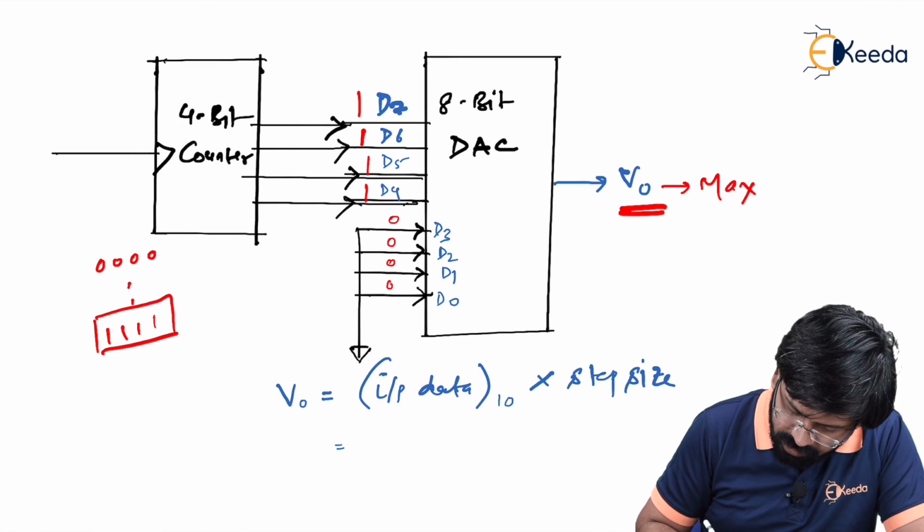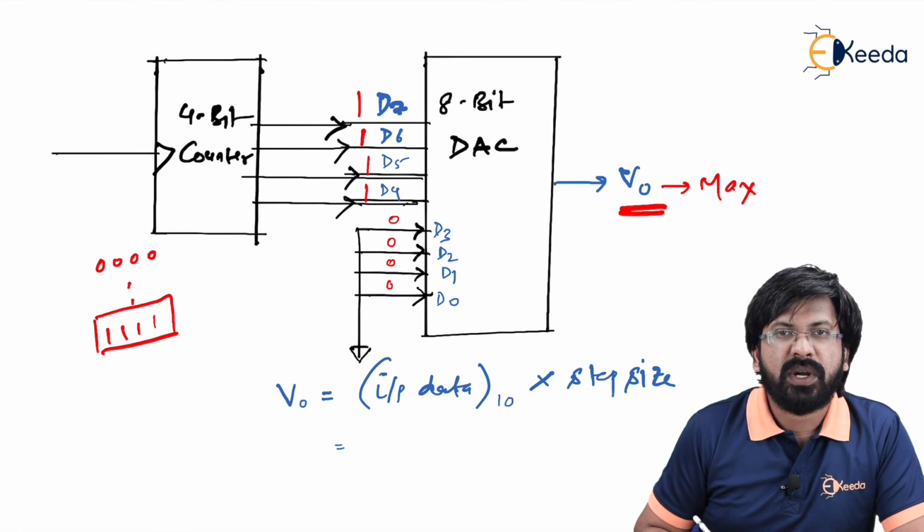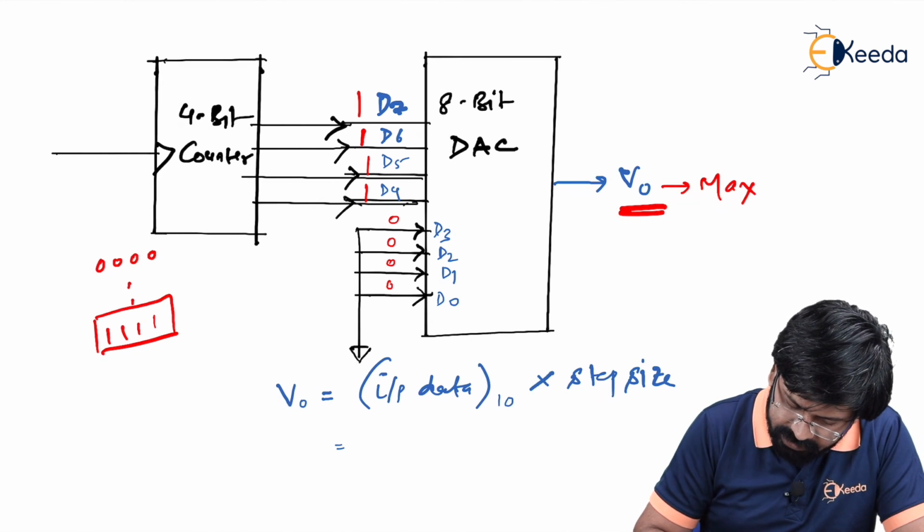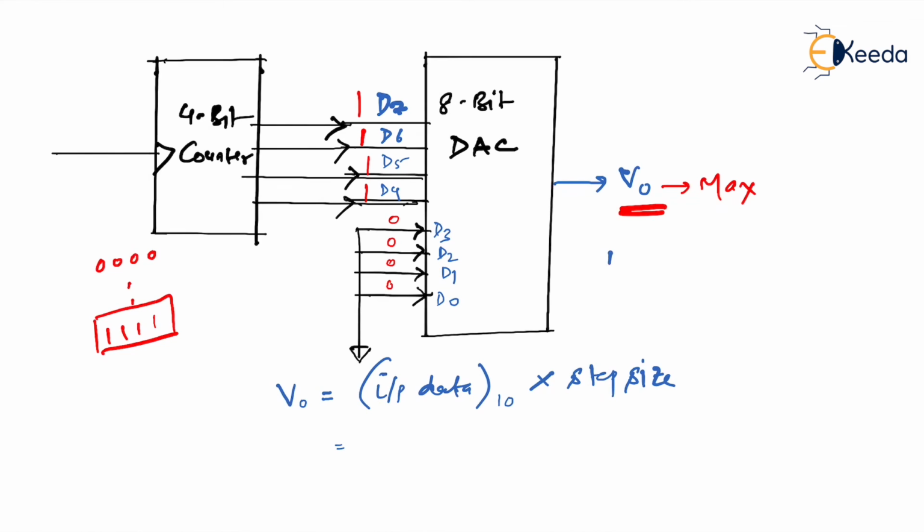Then input data, we have to convert it into decimal. So let us see what is the binary value of the maximum data. So it is 1111 and all zeros. This is having base 2.